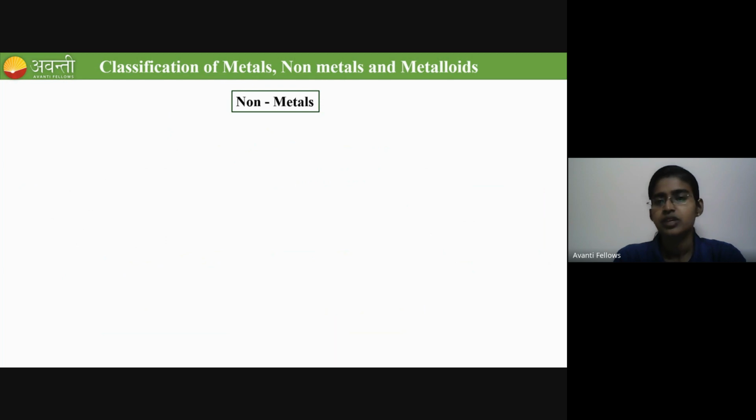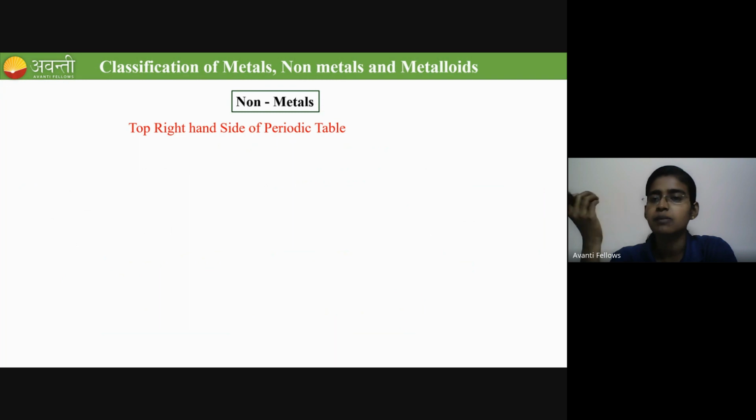So most of the non-metals are present at the top right side of the periodic table. The top right hand side of the periodic table consists of non-metals. So can you name some of the elements that are present at the top right hand side of the periodic table? Top right hand side means it is P block, right?